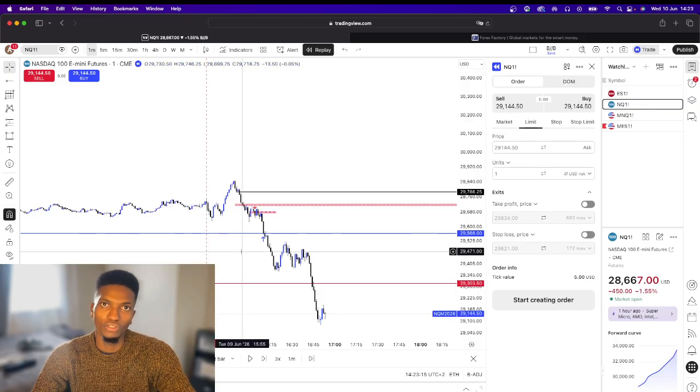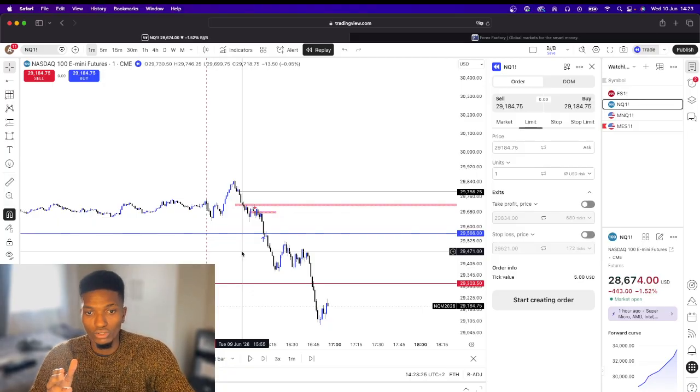So it dumped almost the entire day, I believe. Actually it did. So perhaps I was supposed to have opened more than one position and then let the other ones run, right, instead of closing on London low.